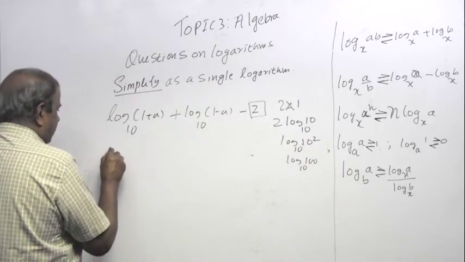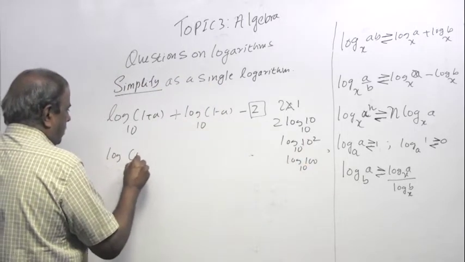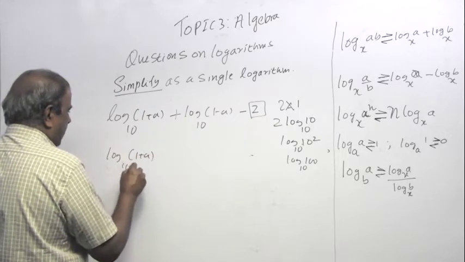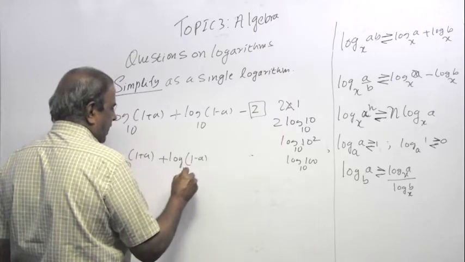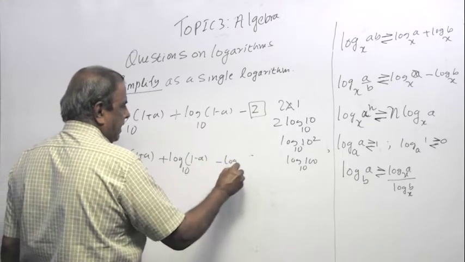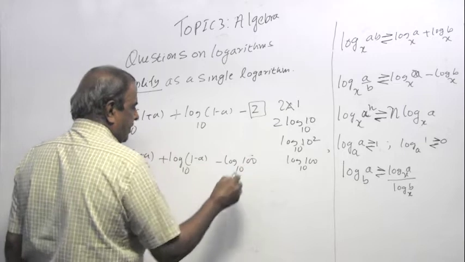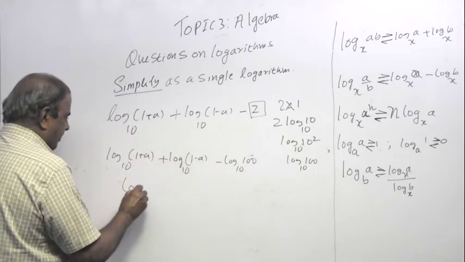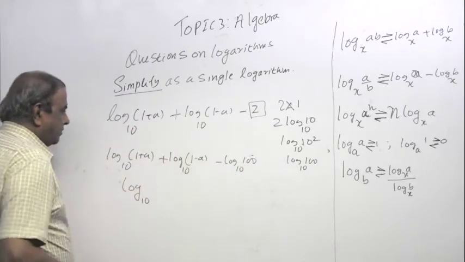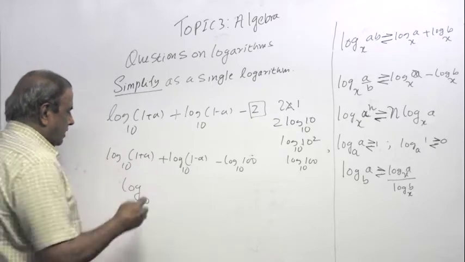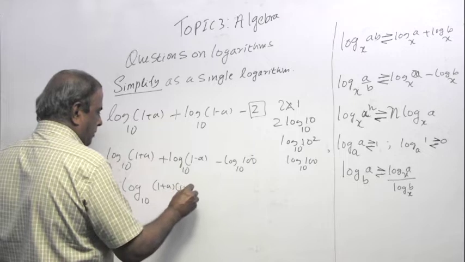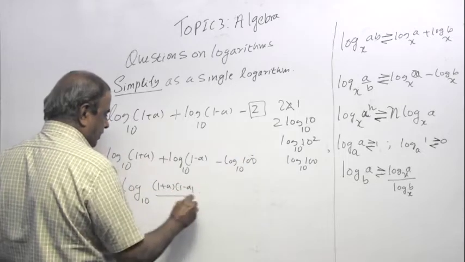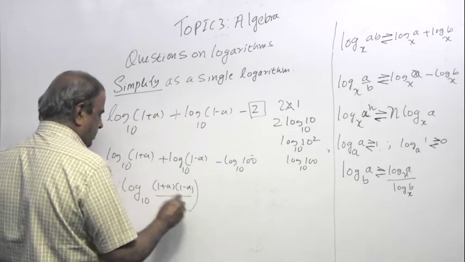So I'll write this as log of 1 plus a to base 10 plus log of 1 minus a to base 10 minus log of 100 to base 10. Now I can write a single log to base 10. These two are being added, so I can multiply the expressions. That is subtracted, so I can divide by the expression.